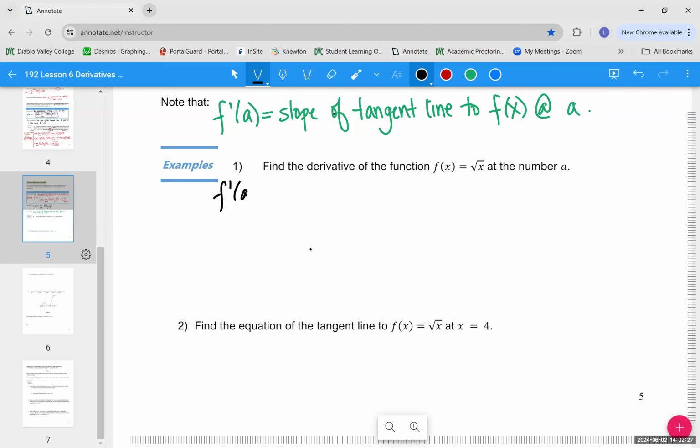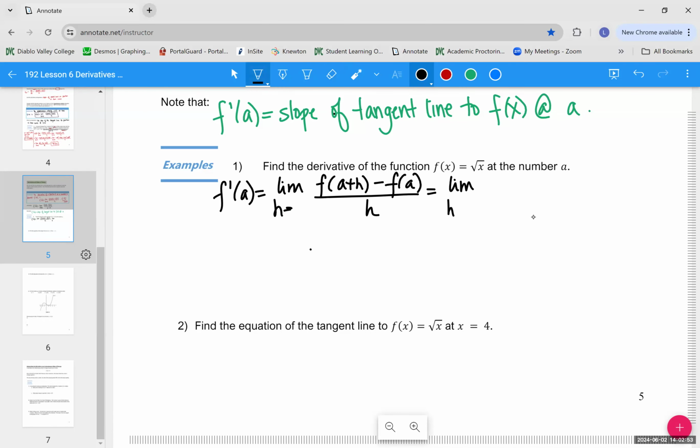F prime of a is the limit as x approaches a, f of a plus h minus f of a all over h. So we're going to substitute in, oh, wrong, sorry about that.